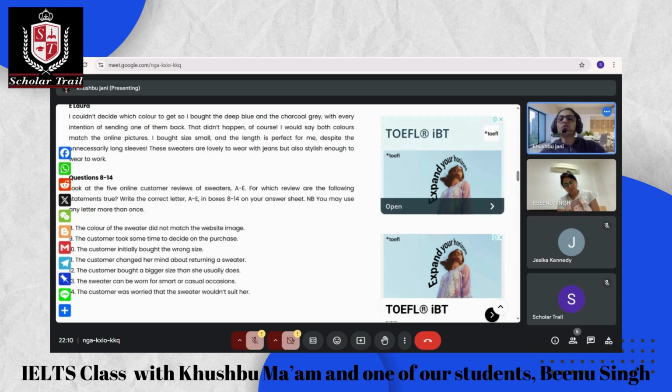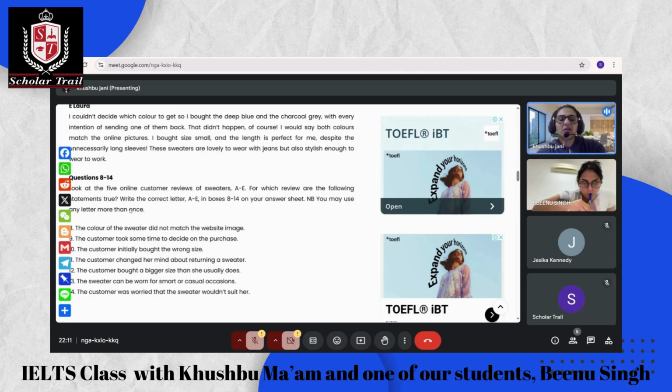In true, false, not given, the words sound similar because they also write something like which of the following statements are true, false or not given, but here we just read an instruction which says are the following statements true. So remember that, and always remember the alphabets: paragraphs which are always labeled with alphabets will have matching type questions. Just remember that.